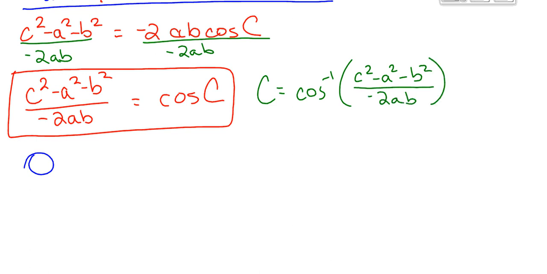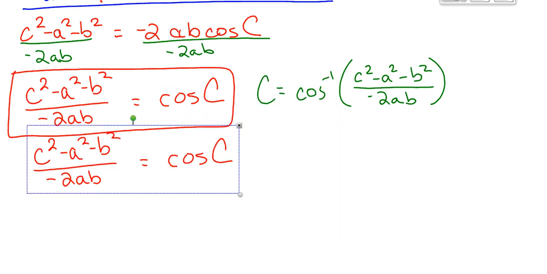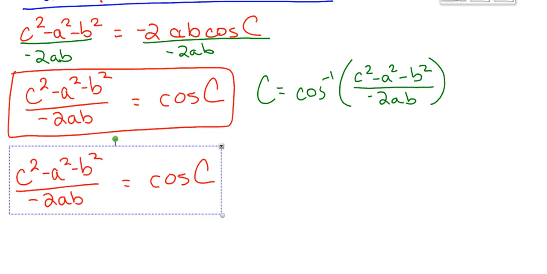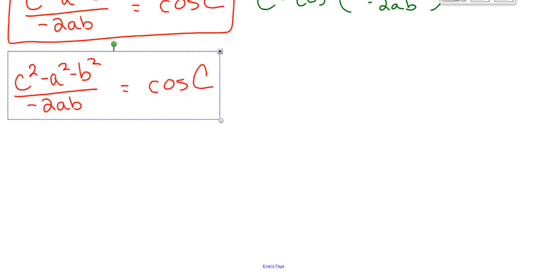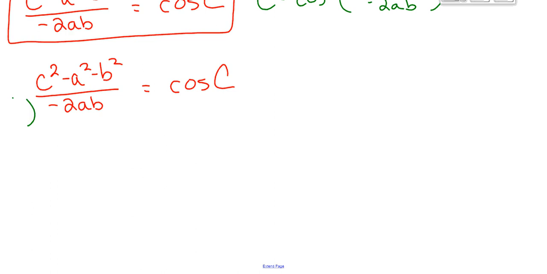If I want to clean that up, and that's what our book authors would do, I'm going to take this one, and maybe I'll just clone it a second. Oops, just a second. There we go. Now I'm going to say, it would just be prettier if I multiply the top and the bottom by -1. On the bottom, I'll get that positive 2ab.